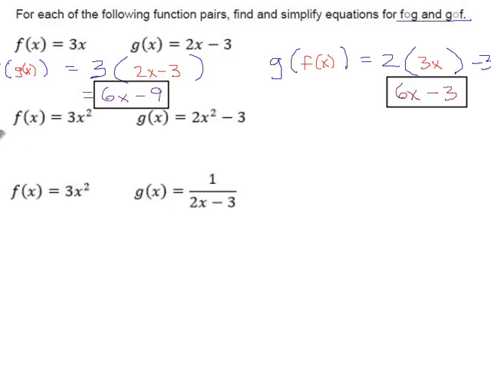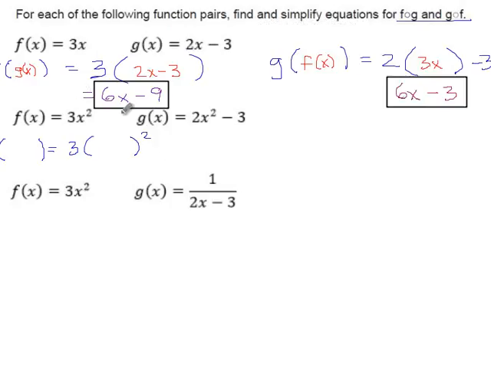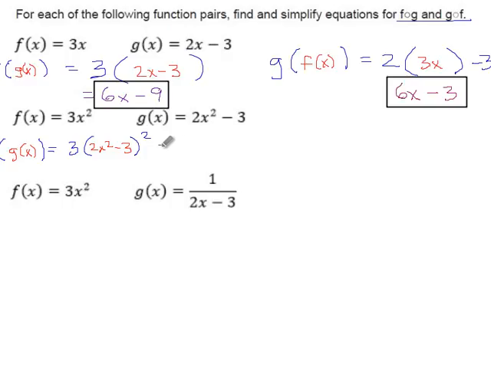For this next one, we have f of g of x. For now, we're just putting 3 times blank squared. And what we're putting in here is g of x, which is 2x squared minus 3. Now, when we go to clean this up, order of operations says the 3 has to wait, and we have to square this first.